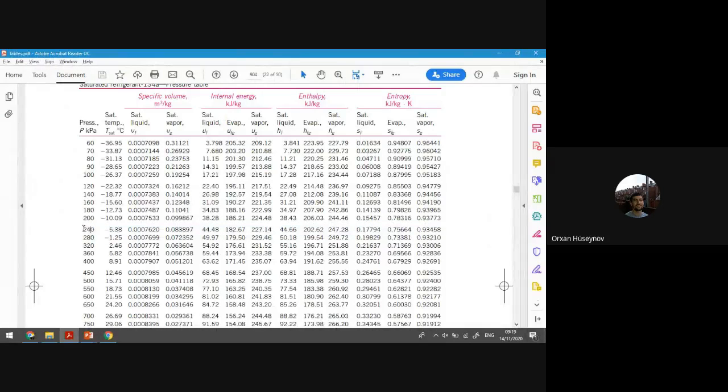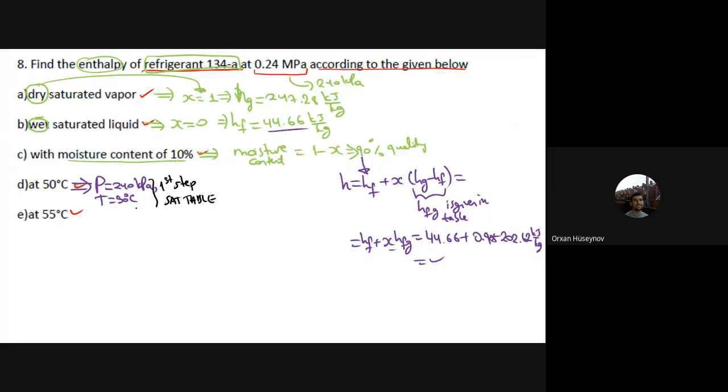So at 240 kilopascals, the boiling temperature of the refrigerant is negative. Let me write it here. At a pressure of 240 kilopascals, T saturated is negative 5.38 degrees Celsius. So you can see the lower value of the temperature.